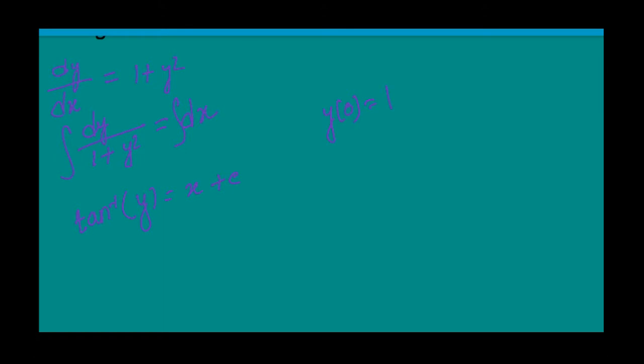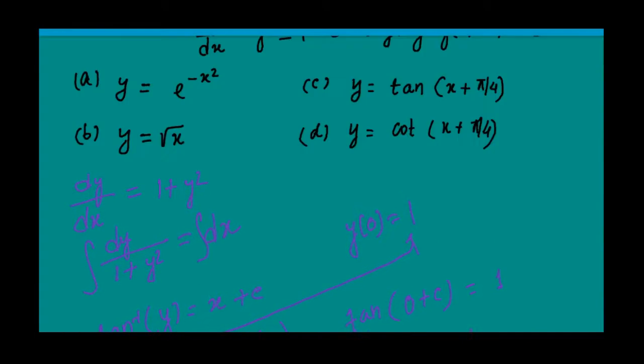So if I write this as y is equal to tan of x plus c, and if I put the value of x, tan of 0 plus c is equal to 1, given y is equal to 1. So tan of c is equal to 1. That means c is equal to pi by 4, that means 45 degrees.